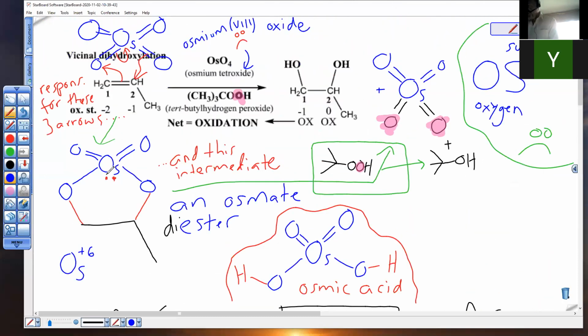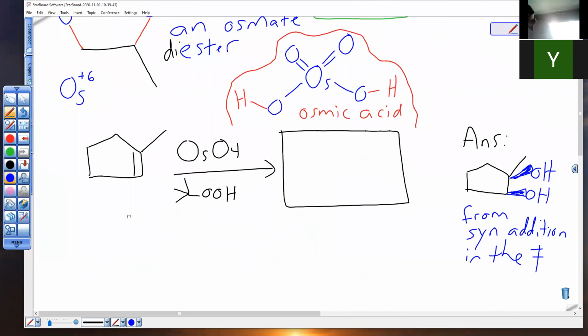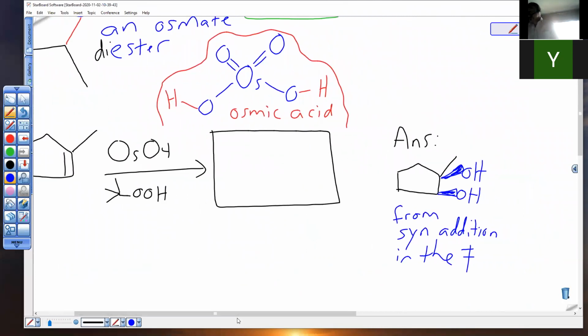And here's the telephone pole step. Why syn addition? Why do they happen on the same side? Because they happen at the same time. These 2 new bonds happen at the same time. So without a ring, I could have showed wedge, wedge, or dash, dash, but I didn't have to. With the ring, make sure they stay on the same side.